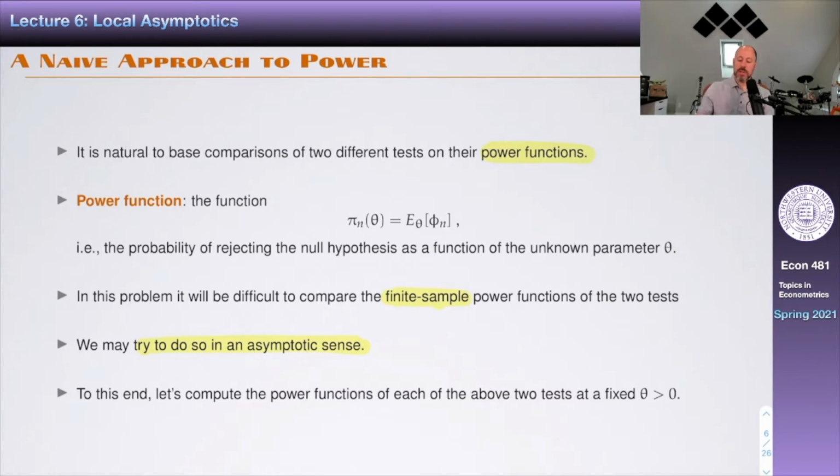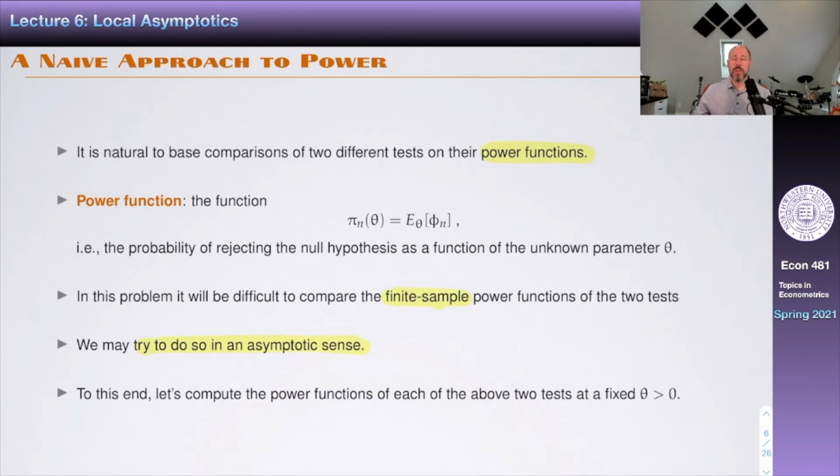But one thing that I want to emphasize, and I'm going to keep emphasizing in this class as we move along, is that the goal is always to say something about the finite sample power function. There are multiple ways to say something about an object that you don't know.